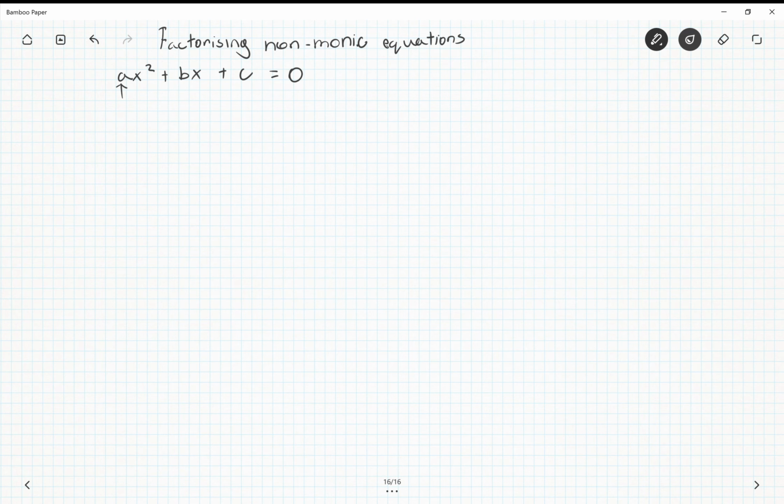So in the equations we'll be trying to solve non-monic equations where a will be bigger than 1, so it may be 2x squared plus 4x plus 6, I don't know.